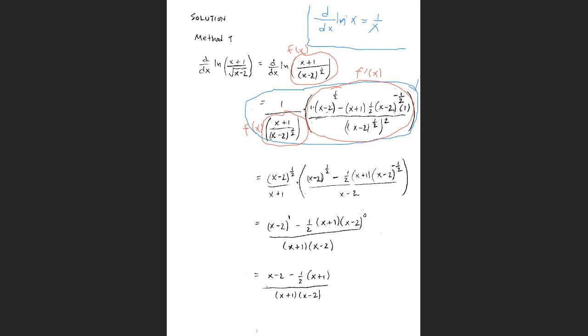And then, so I applied the chain rule, and then to get the derivative of f with respect to x, I'm going to apply the quotient rule. Okay, and so the derivative of x plus 1 is 1. And I multiply that by the denominator, x minus 2 to the half power.